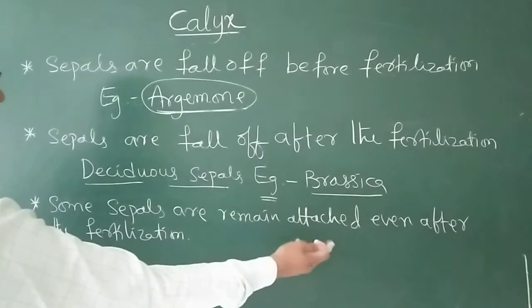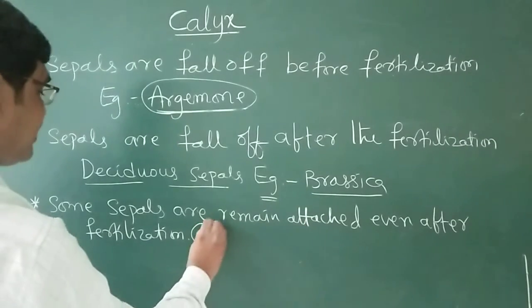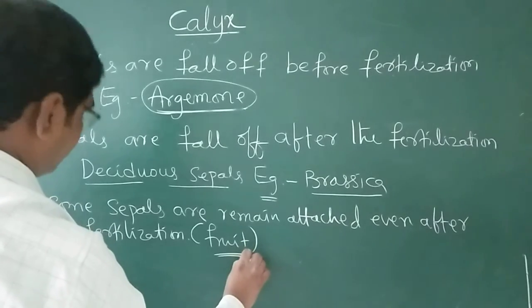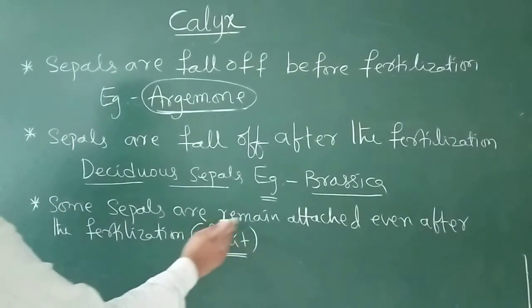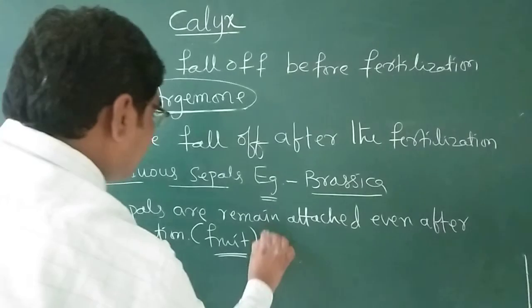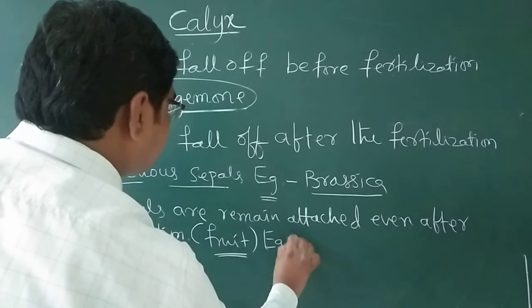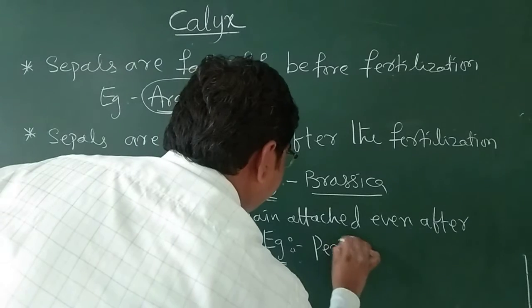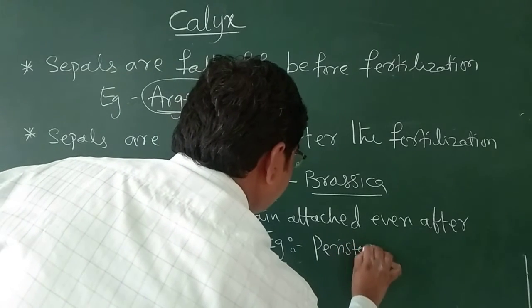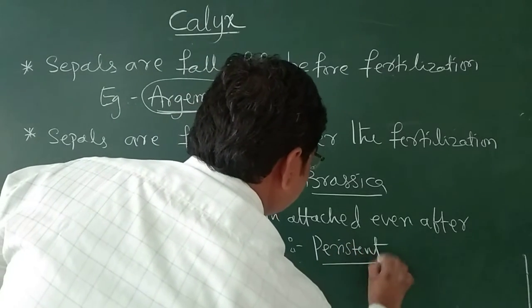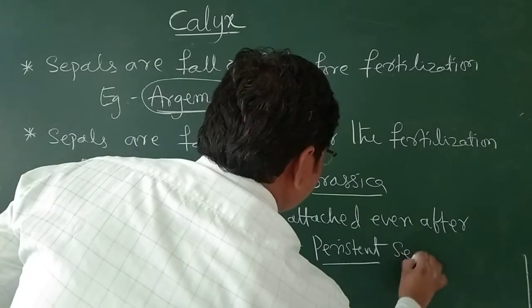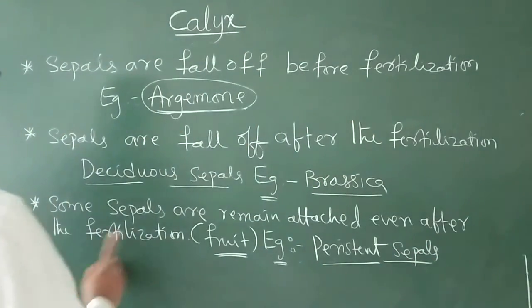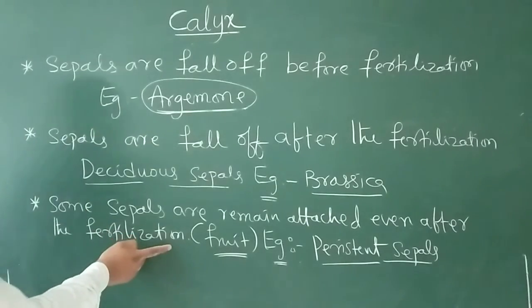After the fertilization, the fruit is formed, and the sepals remain attached to the fruit. This type of sepals is called persistent sepals.